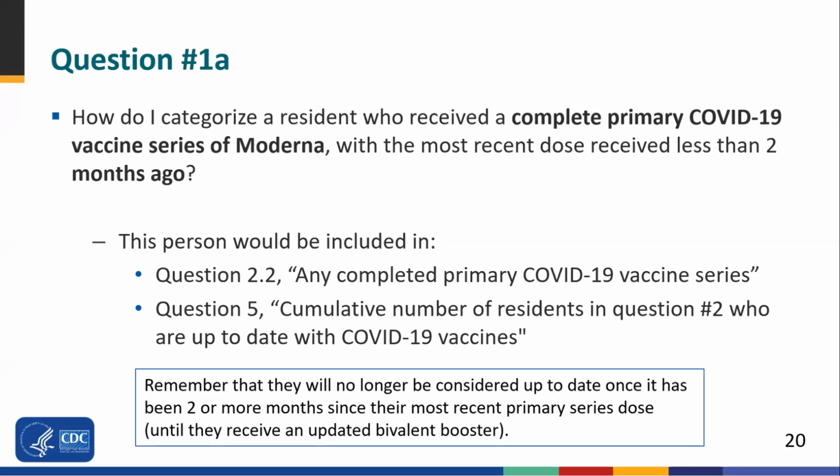This person would be included in question 2.2 and question 5. Remember that they will no longer be up to date once it has been 2 or more months since their most recent primary series dose. They will not be considered up to date until they receive an updated bivalent booster.